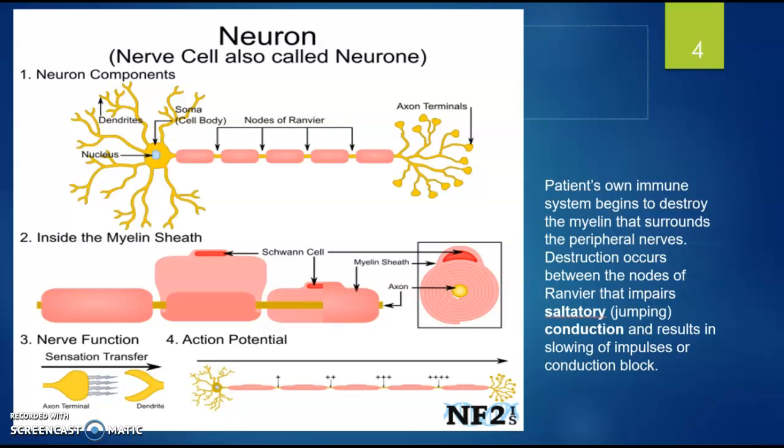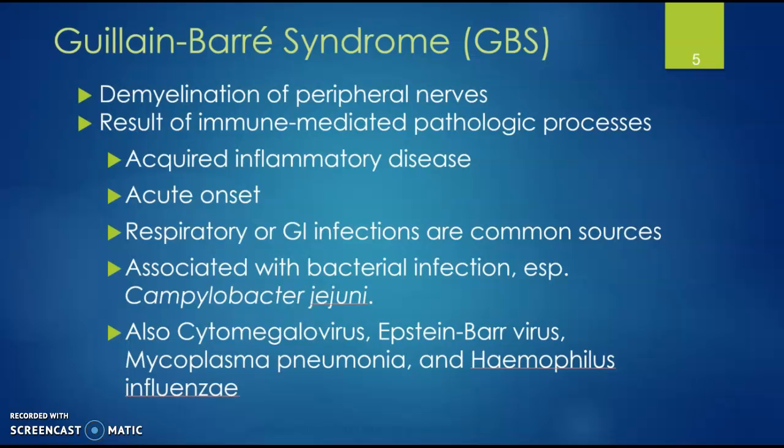Or it can actually slow the impulses way down, making the motor response terrifically slowed or not at all. And so just kind of understanding that backdrop and how the myelin sheath could be impacted is important.